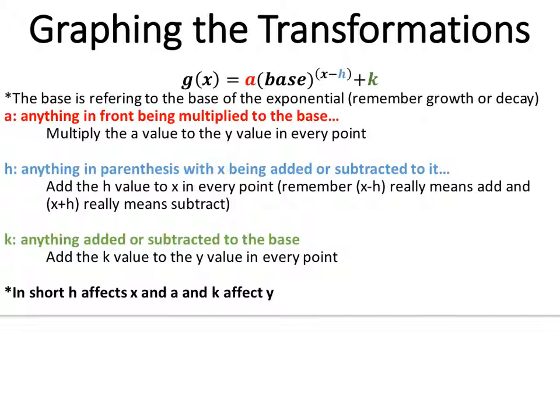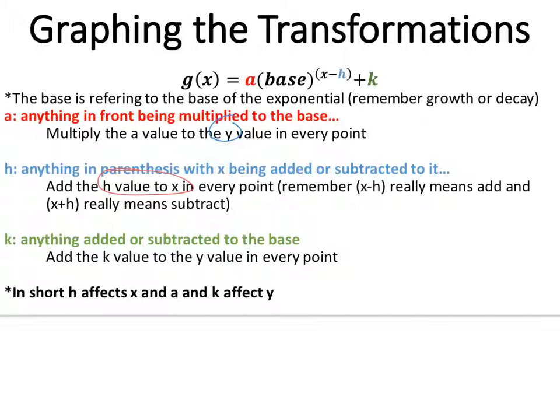So if there's something being multiplied to your base, when I have you start from the parent function or original function, you are going to multiply that A value to all of your Y values in every single point. H you're going to add to your X value. H is the only thing that changes X. And then just remember that if it's X minus H, you really need to add it because H is positive.